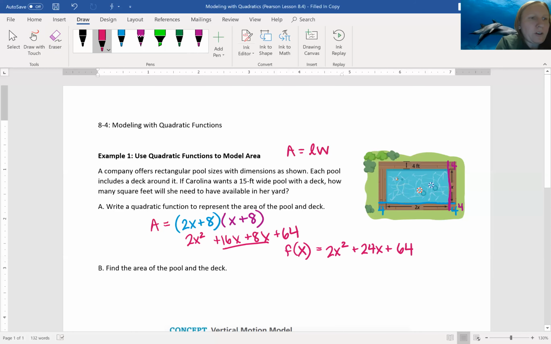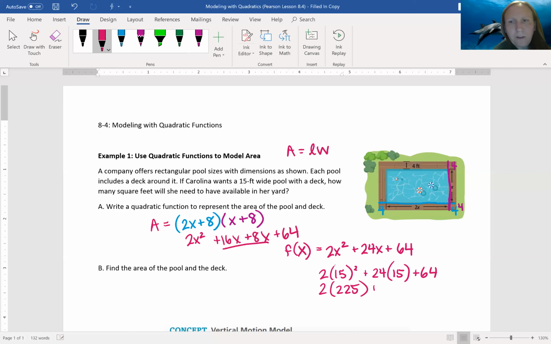So now that we have our function, we can figure out what's going to happen if she wants a 15-foot wide pool. That's just going to be the width. The width is x. We're going to plug in 15 as our x. We would do the exponent first. 15 squared is 225.